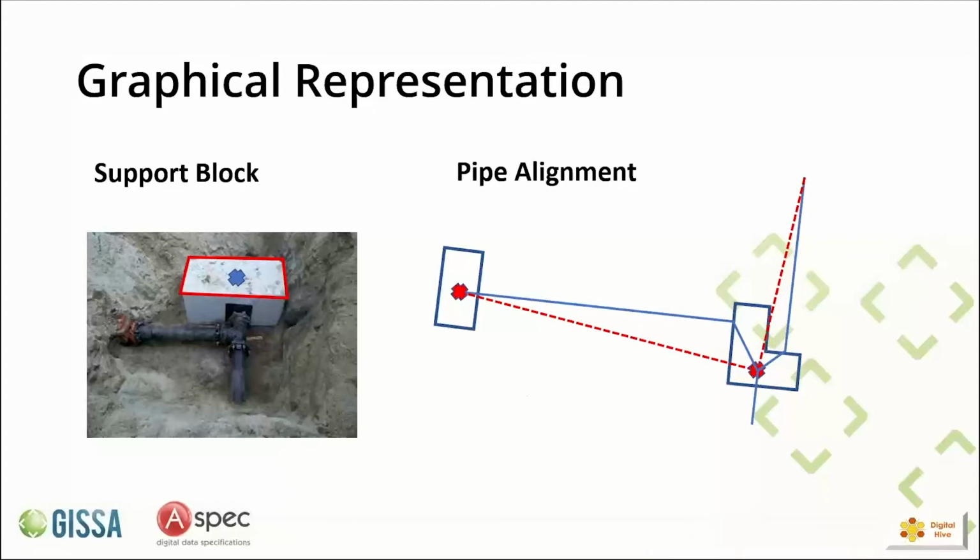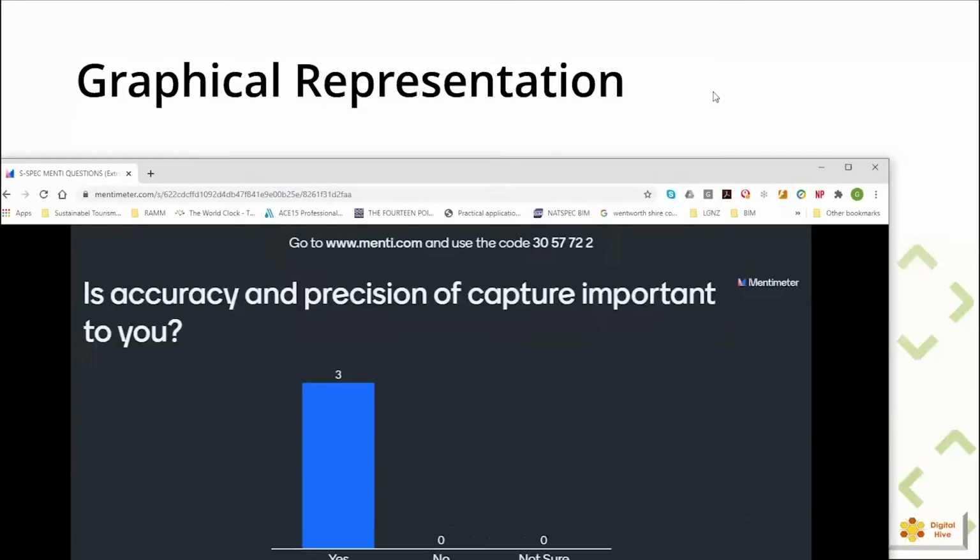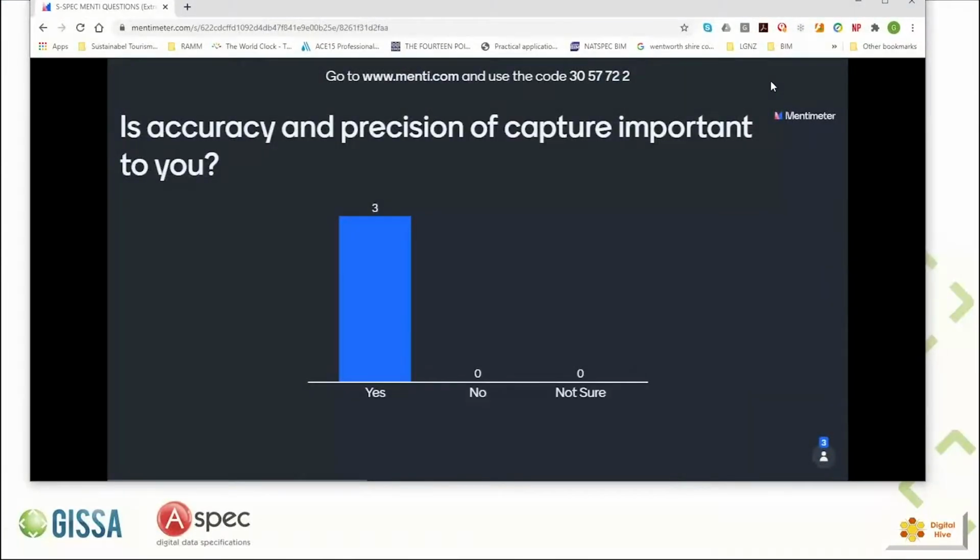Okay. So the question here is going to our Menti poll. I'll just drag it up from the bottom. Is accuracy and precision of capture important to you? I'll just give you a little bit more time to respond to that.